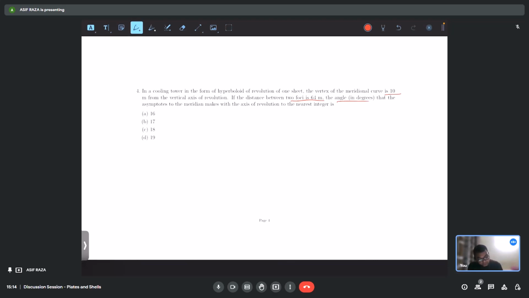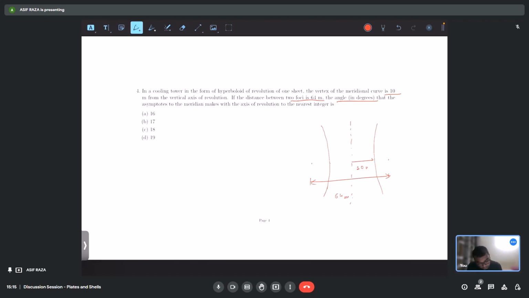Okay, so let's first draw the diagram. We are given a hyperboloid with the axis of rotation as this. Here the foci distance is 64 meter and the vertex distance is 10 meter from the vertical axis of revolution.